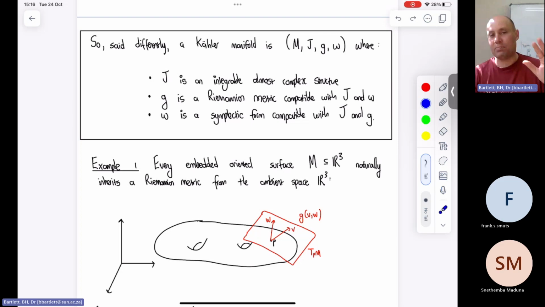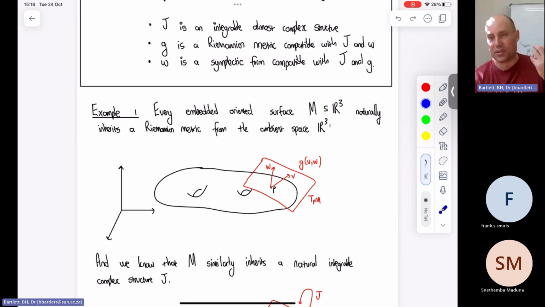Whenever you've got a manifold embedded inside some Rn, then you always have this inner product. In fact, every manifold can be embedded in Rn for n big enough, so that's one way of seeing that every manifold admits a Riemannian metric.